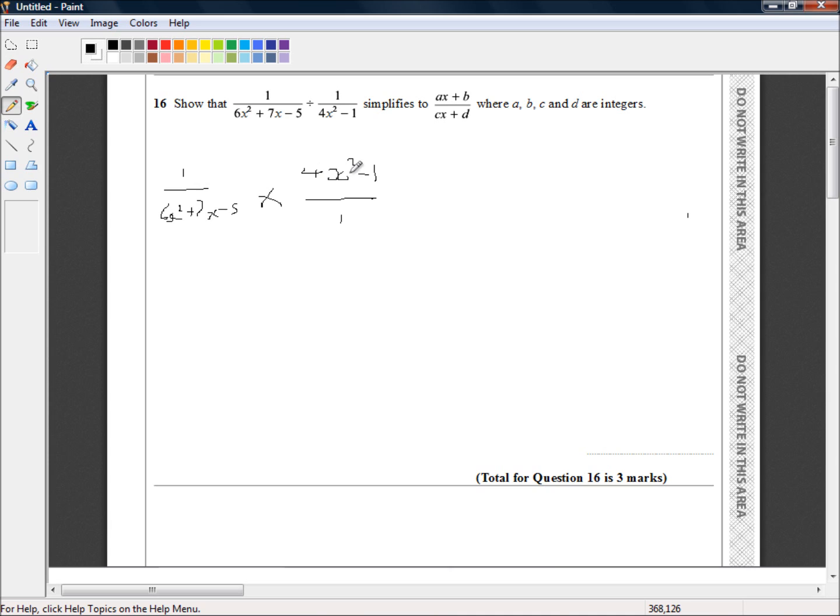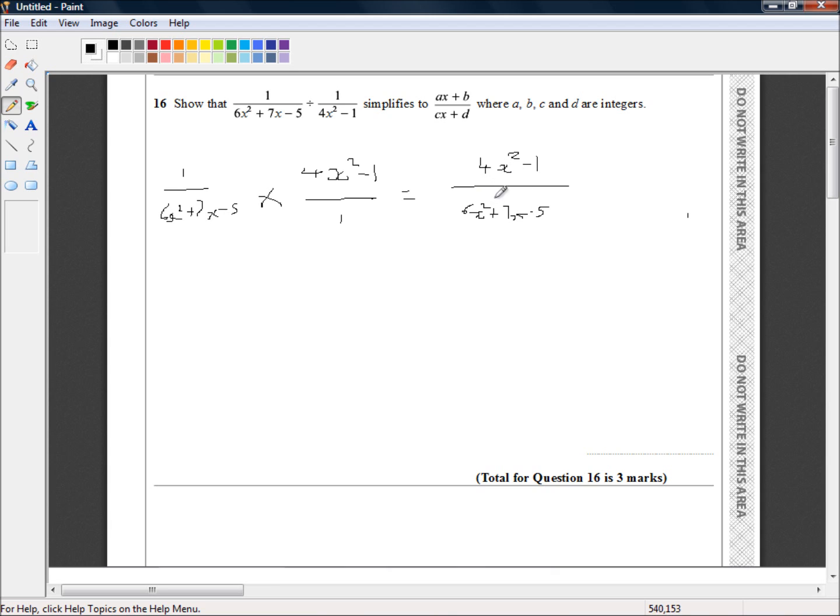So it's 1 times all of that on the top, and on the bottom it's all of this times 1. So that's equal to 4x squared minus 1 all over 6x squared plus 7x minus 5.